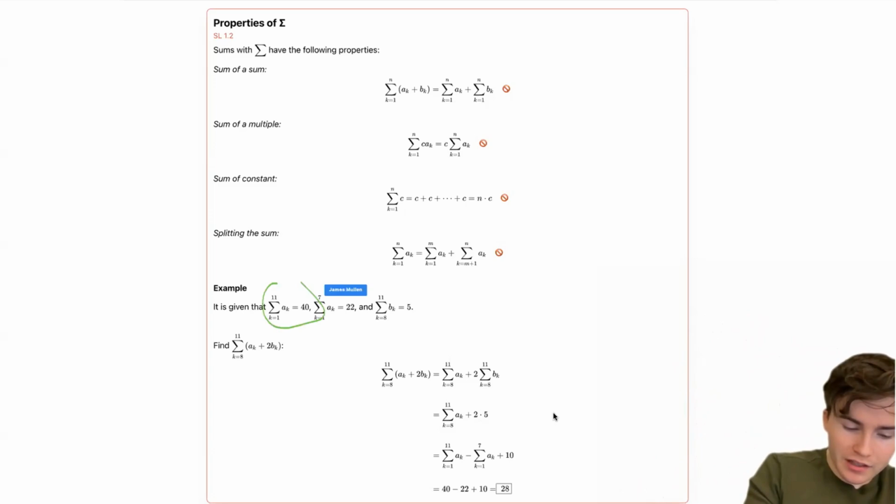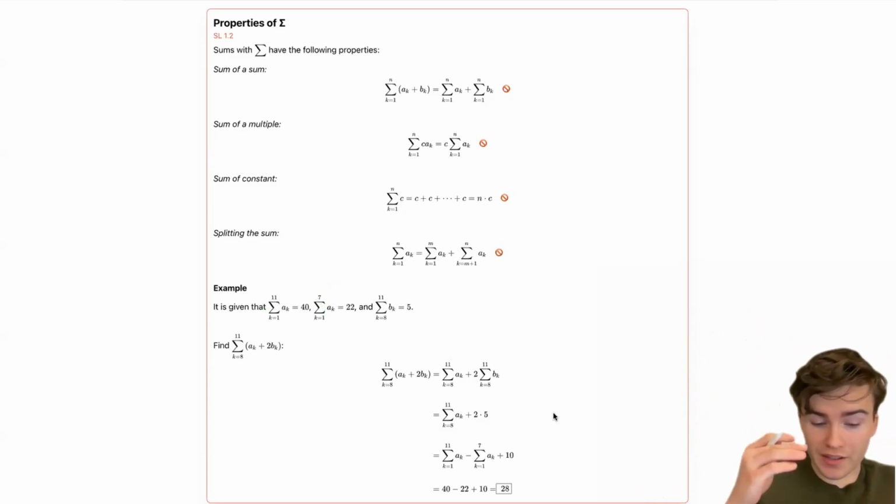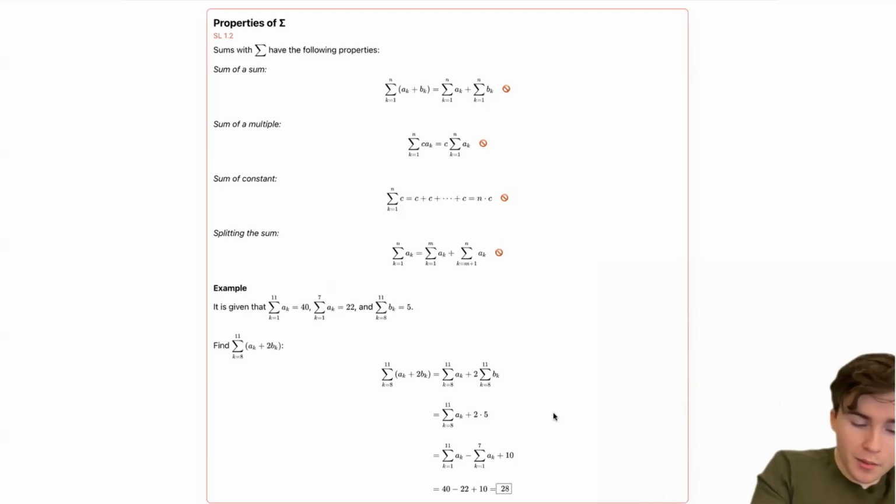to remember that I'm given the sum from 1 to 11, and I'm given the sum from 1 to 7. So the sum from 1 to 11, if I try and write a line here, let's say this is 1 and this is 11, this is 7, and that is 8.